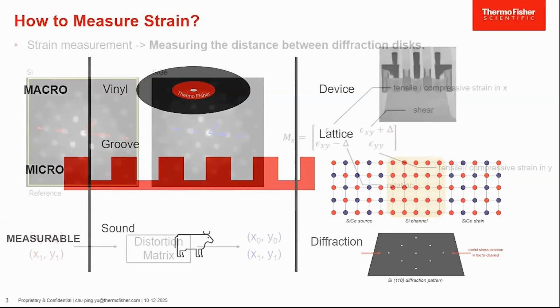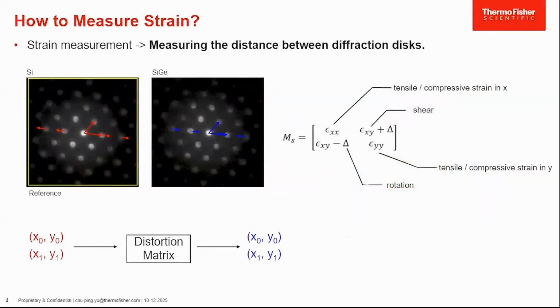In other words, when we are talking about strain measurement, what we're really doing is measuring the distance or the location of this diffraction disk or peaks, no matter how you name that. And the strain we're talking about is a distortion matrix that's connecting these two coordinate systems, one from the unstrained region and the other from the strained region. And terms like tensile, compressive strain, shear, and rotation can be found in this distortion matrix.